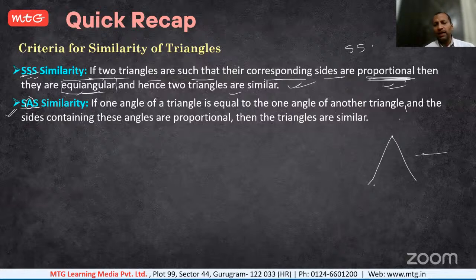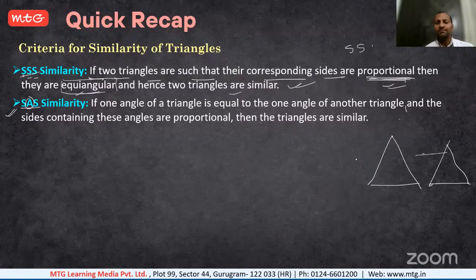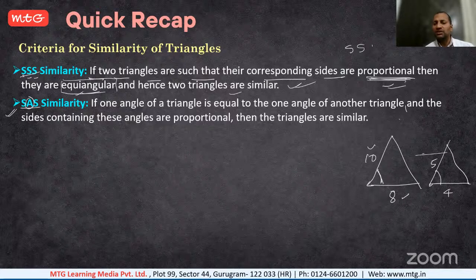Here two triangles are there. This side is 10 and this is 5. This is 8 and this is 4. And the included angle, meaning the angle between these two sides, this angle is equal to this angle.